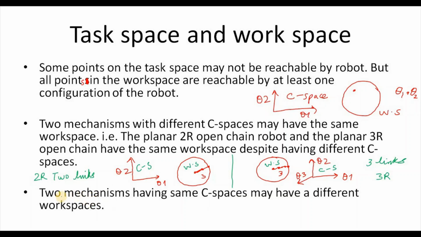The next point is that two mechanisms having the same Cspaces may have different workspaces. Even if two mechanisms have the same type of Cspace, they can still have different kinds of workspace.